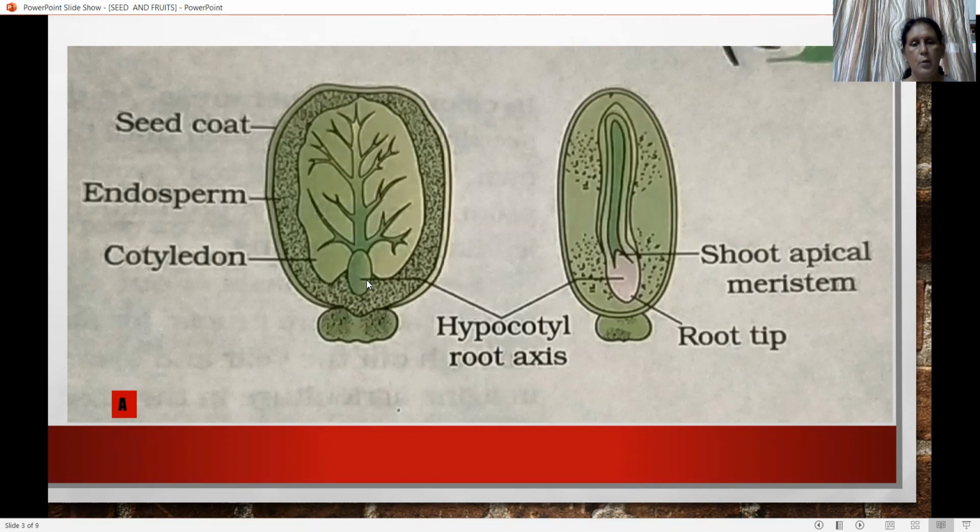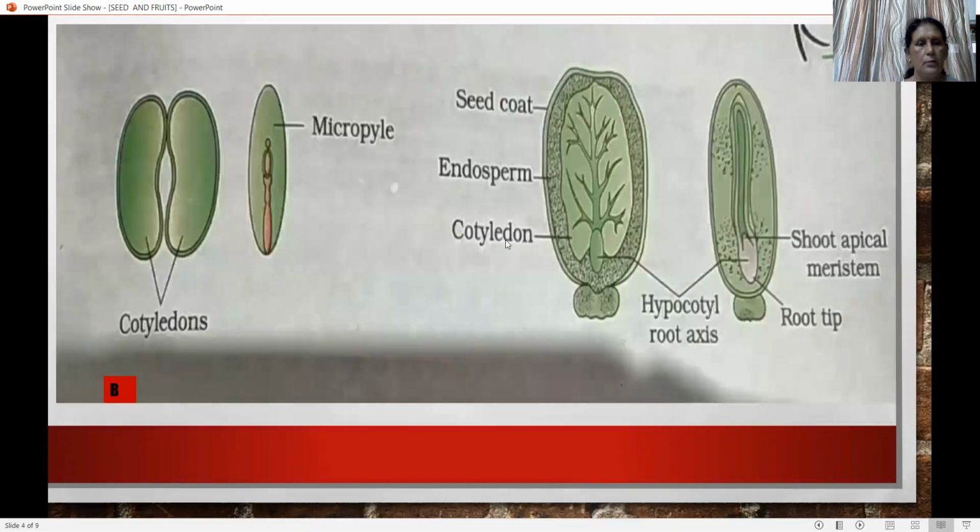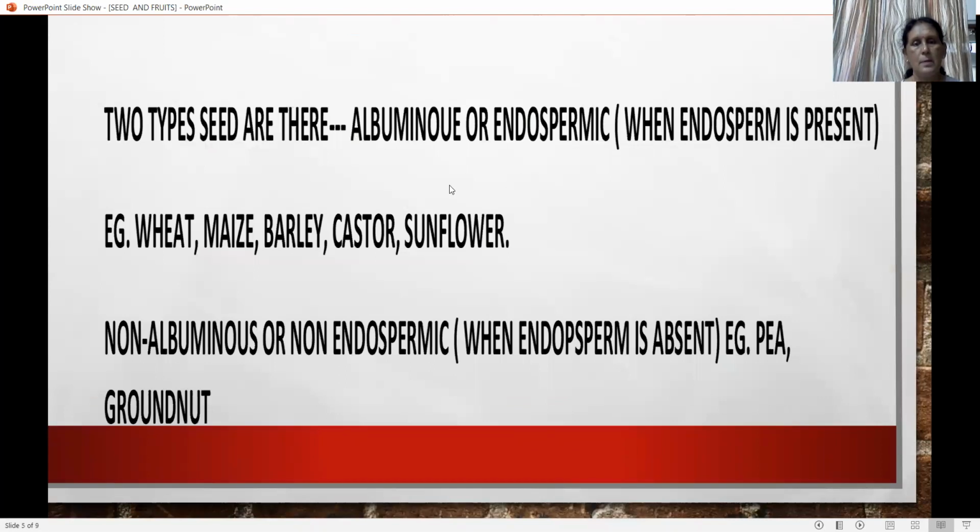Below there is a hypocotyl from which the root apex arises, and the plumule arises from the apex, which is called epicotyl, and here the shoot apical meristem arises. Next, here you see the full diagram of a dicot seed. Two cotyledons are present. At the micropylar portion, a terminal embryonal axis is visible.